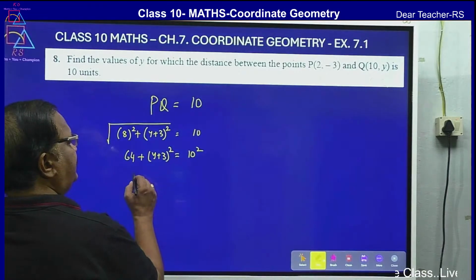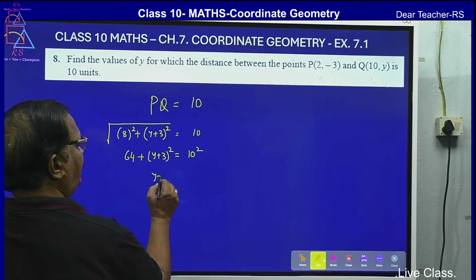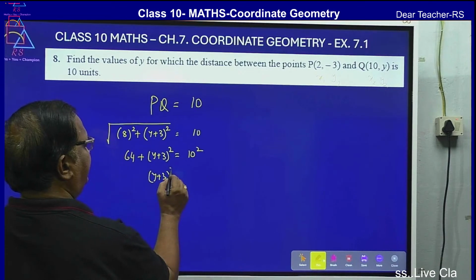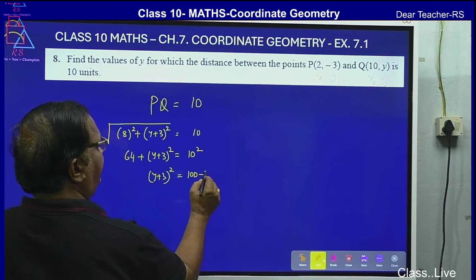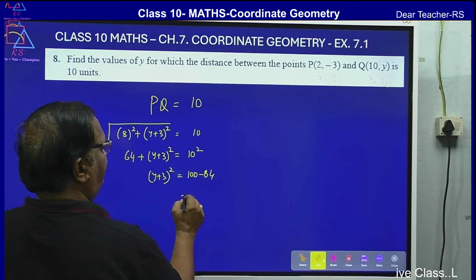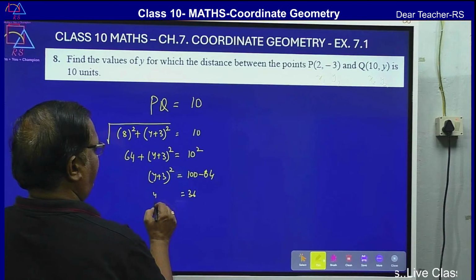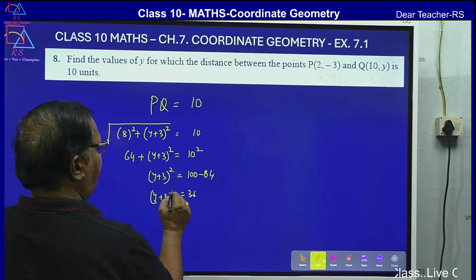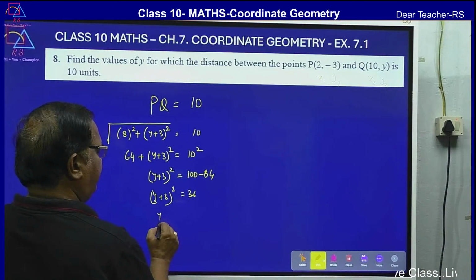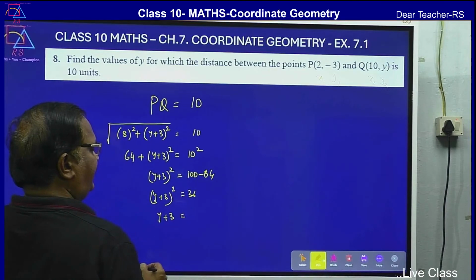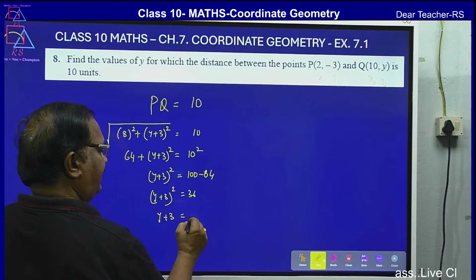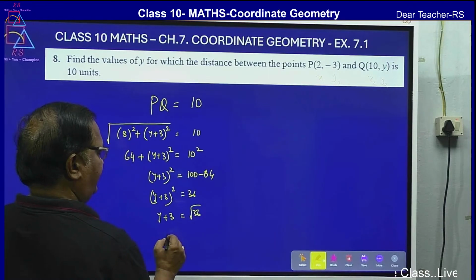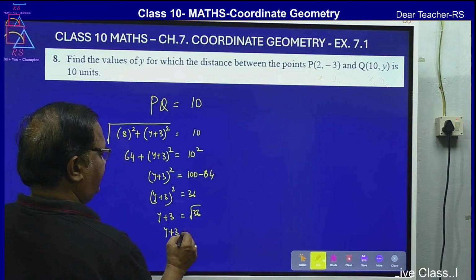So now send 64 to the other side. So y plus 3 whole square is equal to 100 minus 64, which is equal to 36. Now I take the square root, so y plus 3 is equal to plus or minus 6.